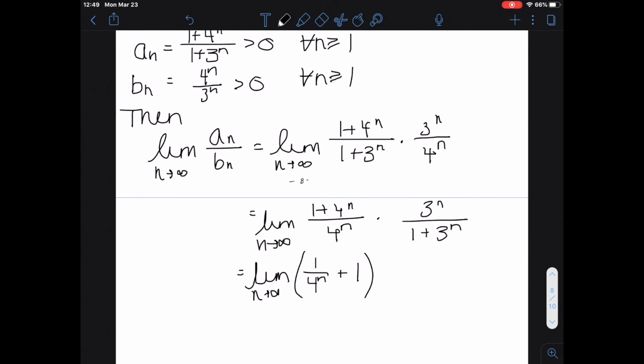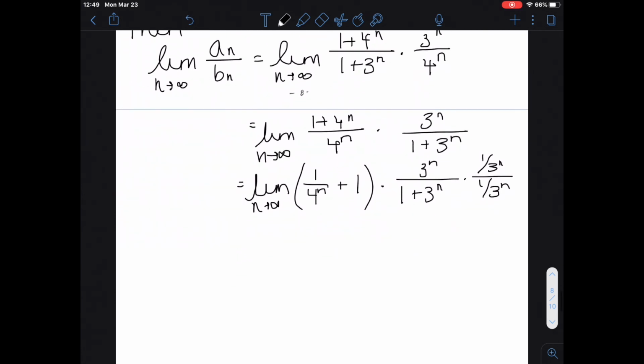Okay. For this second piece, I can't simplify it as easily because we've got that addition in the denominator. So I'm going to go ahead and divide all of the components by that 3 to the n.